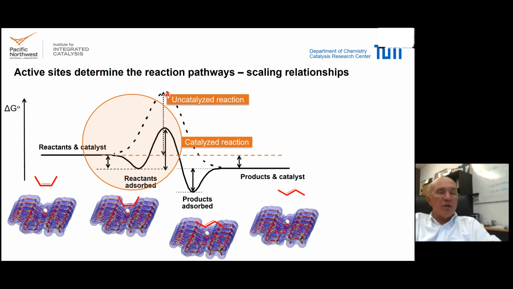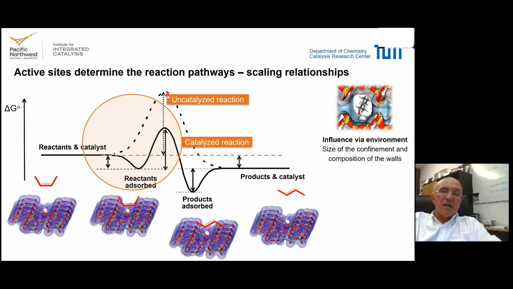Now, we have two possibilities to actually improve that further. In one case, we can take the environment to stabilize the transition state, usually by sterically adjusting the environment to the size of this transition state, and lowering by this the magnitude of the standard free energy that we have to pass.